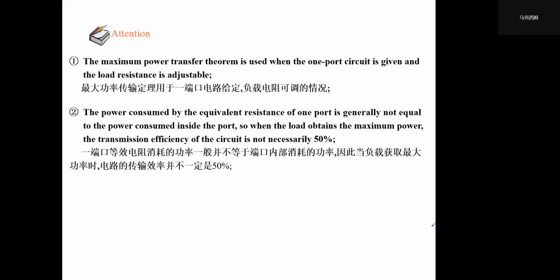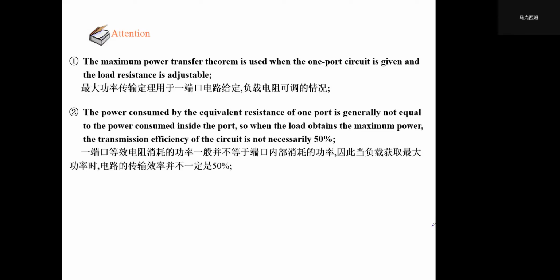So when the load gets its maximum power, the transmission efficiency of the circuit is not exactly 50%.